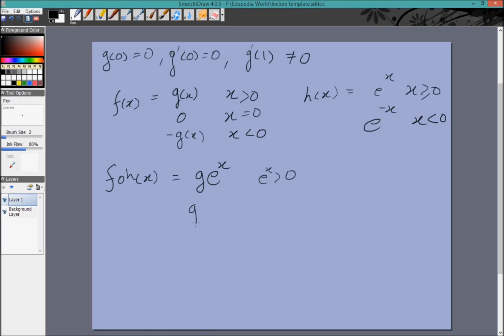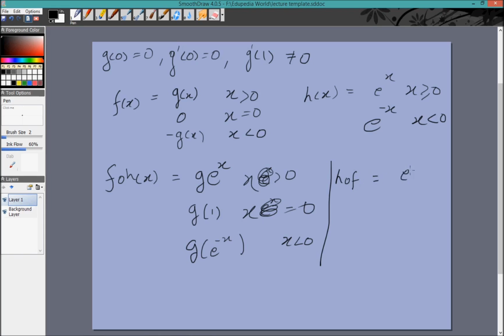It will be g of 1 basically, because e to the power x will be 1 when x is equal to 0, and it will be g of e to the power minus x if x is less than 0. Similarly, h of f will be e to the power g(x) for x greater than or equal to 0, and it will be e to the power minus g(x) for x less than 0, right.